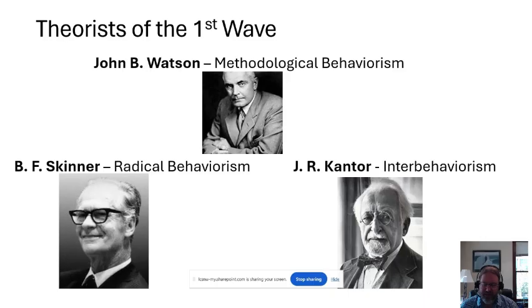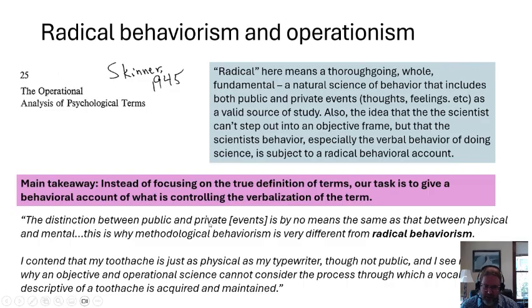But I think the other thing to highlight here is, even though they were different theorists and they disagreed with each other, they were unified at that time in wanting a natural science of behavior. And in terms of psychology and clinical work, they really wanted to make sure that that was distinct from the psychoanalyst. So they were joined in this common purpose at first, and then as time passed, these differences became more pronounced, and they went down different paths in terms of pushing psychology and clinical work forward.